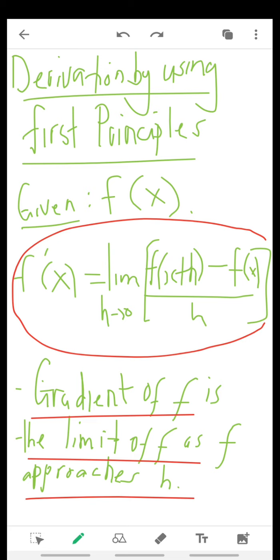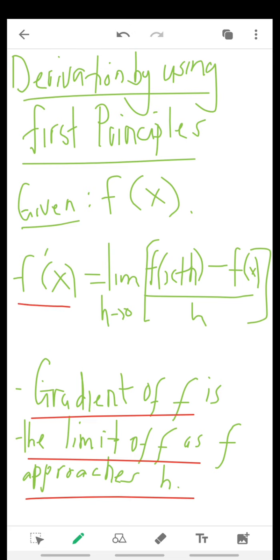So the formula says f prime of x equals the limit as h approaches 0 of f of x plus h minus f of x all over h. Remember, this part here represents the average gradient. So we are looking at the limit as h approaches 0 of the average gradient of the particular function, and this gives us its derivative.